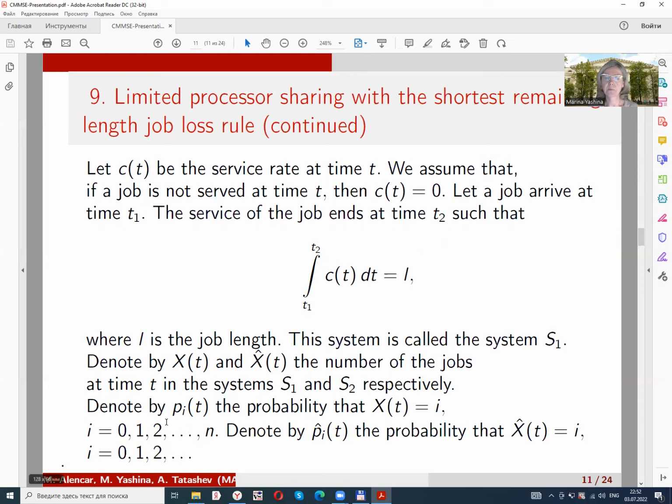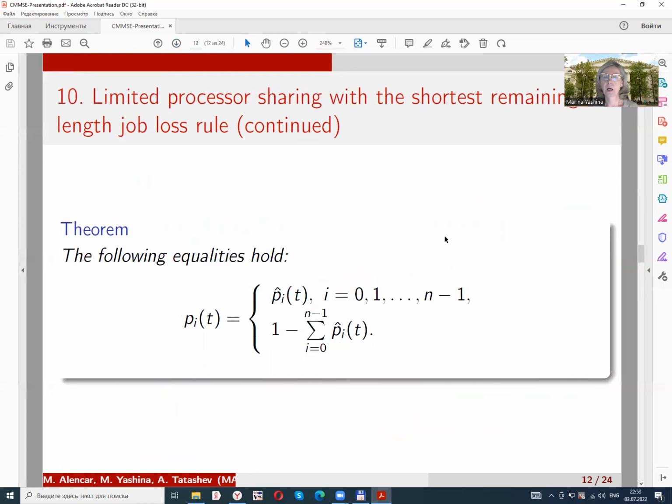Denote by p_i(t) this probability, and p-hat(t) this probability. Then we have proved this theorem about the probability that process x(t) is equal to i.